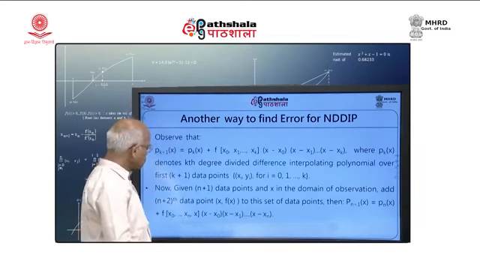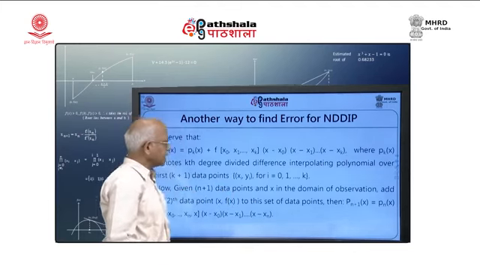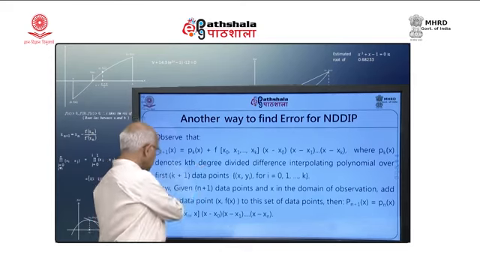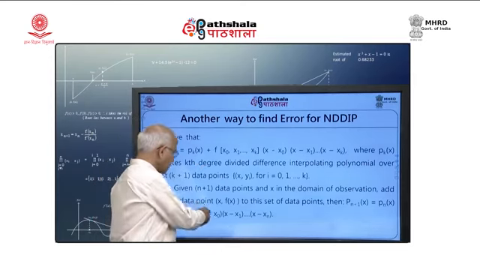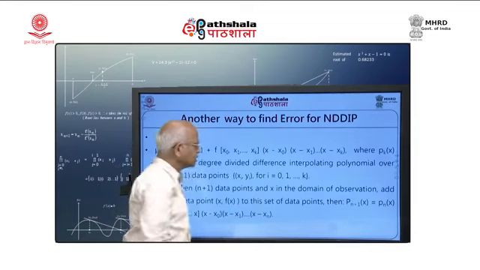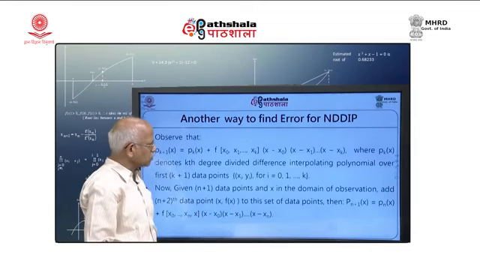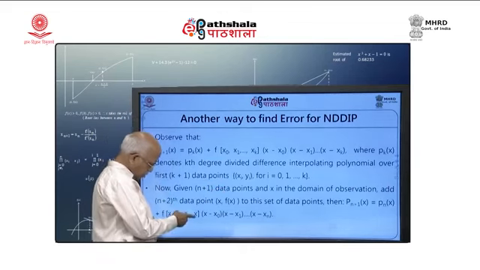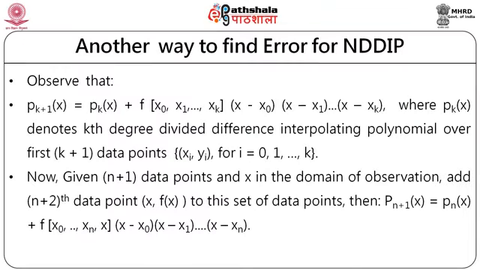Now, given n plus 1 data points and x in the domain of observation, we will add the n plus 2nd data point x, f x to this set of points. Then p n plus 1 x will be given by p n x plus the last term, f of x 0 up to x n, x, into the factors x minus x 0, x minus x 1, and I have to go up to x n.